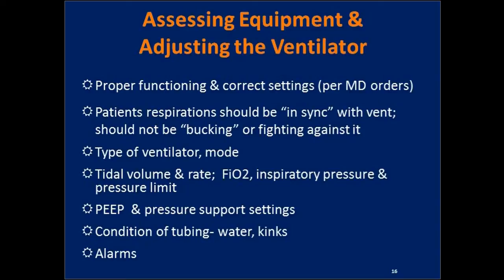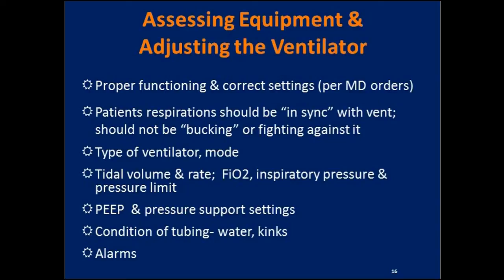Most ventilators have what they call peak pressure or pressure limit alarms, and that means that when the pressure inside the thoracic cavity becomes too high, beyond a safe level, the machine will alarm. And that's a sign that we need to come see why the pressure is elevated.